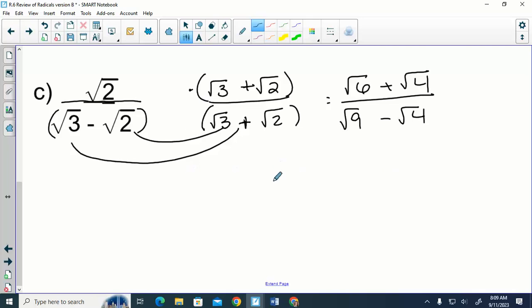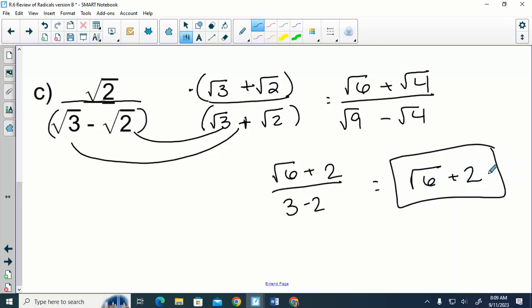Alright, so square root of 6 plus the square root of 4 is just 2. On the bottom, this is 3 minus 2. What is 3 minus 2? 1. And anything over itself, or over 1, is just itself. So we just get the square root of 6 plus 2.